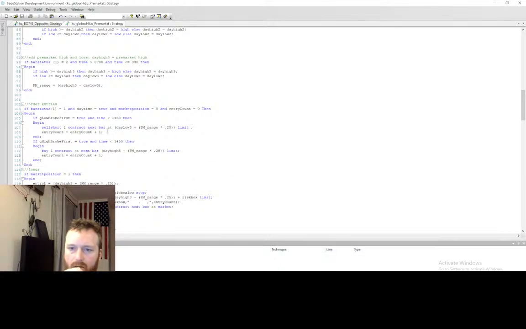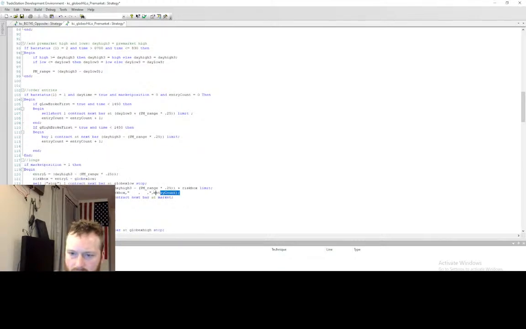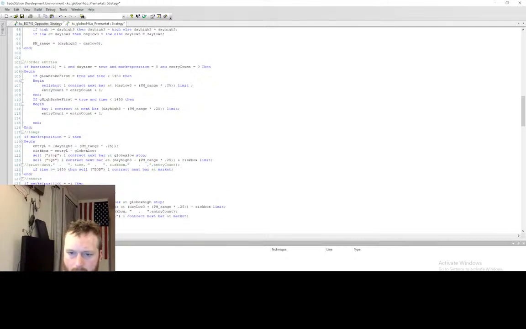So I want to print. That should have been this long right here. I want to print everything. I want to have my print statements there. I don't need the box.